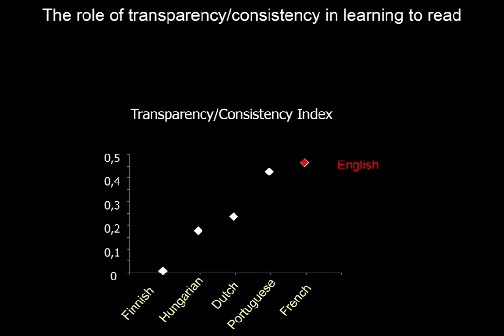You know, languages differ in how consistently, regularly they convert letters into sounds. Finnish has no inconsistency. They have 20 letters and there are 20 phonemes. The problem of explicit teaching is solved in a few weeks.